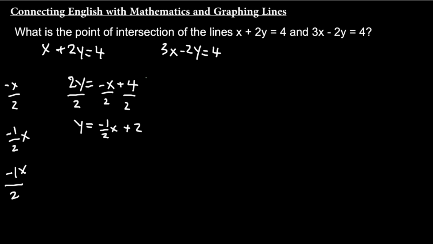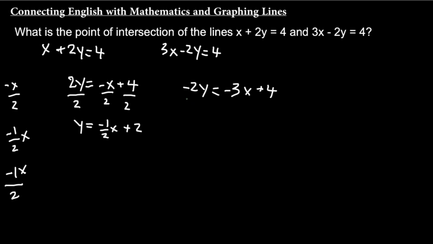Now, for the other equation, we have 3x minus 2y equals positive 4. So we'll rearrange everything with respect to y again. So negative 2y stays on the left side. The 3x is positive, goes to the other side. Now it turns into negative 3x. And the 4, this is positive 4, it remains positive 4. From here, we need to divide by negative 2.